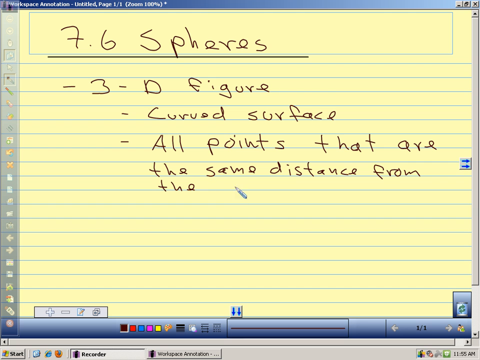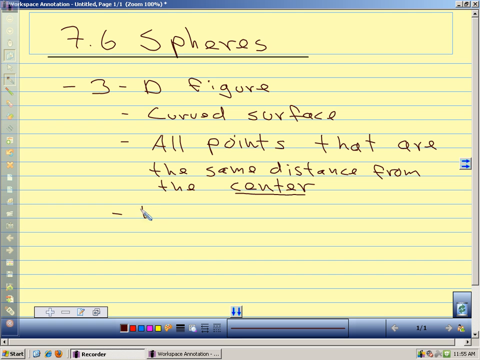And we'll talk about circles this way a little later in this semester. Spheres are like three-dimensional circles. That's the way you could think about it. So our definition is all points that are the same distance from the center.